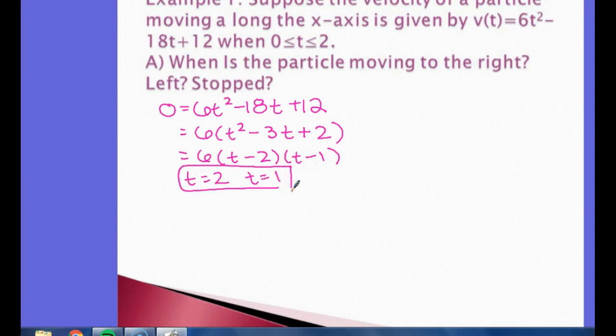So there are 2 times at which the particle is stopped. Again, if it said when is the particle moving to the left, right, and stopped, you would say the particle is stopped at t equals 1 second and t equals 2 seconds.